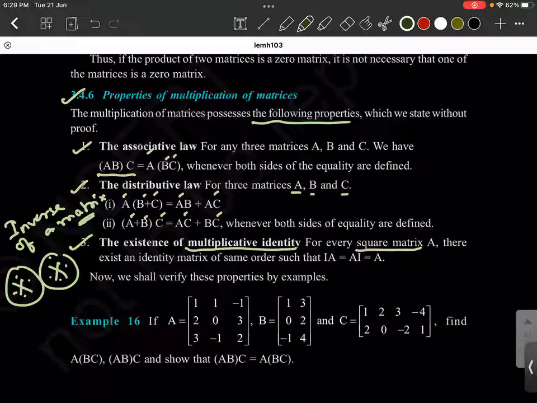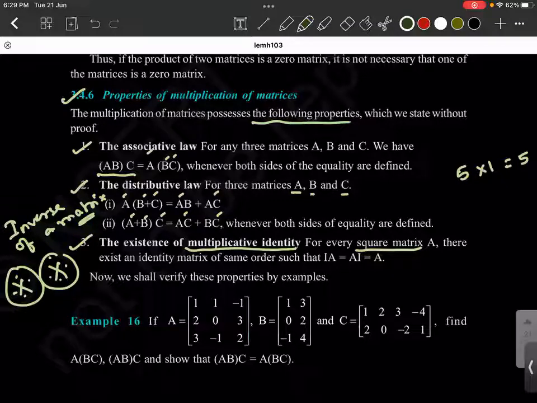Yesterday, if I take a number 5, what is the multiplicative identity of 5? 1. It is 1. So 5 into 1 is 5. I told you yesterday there are two things, identity and inverse.